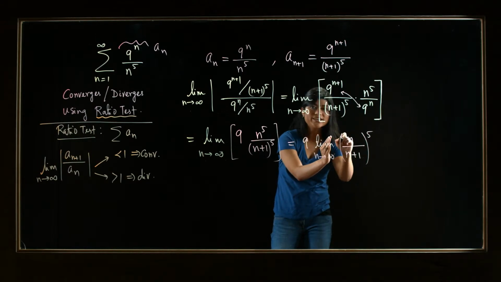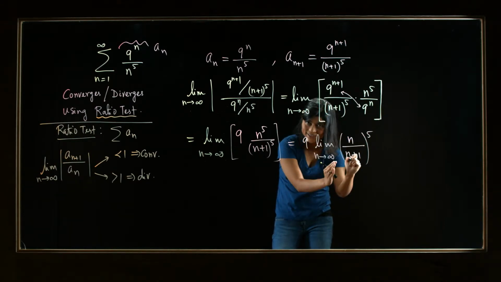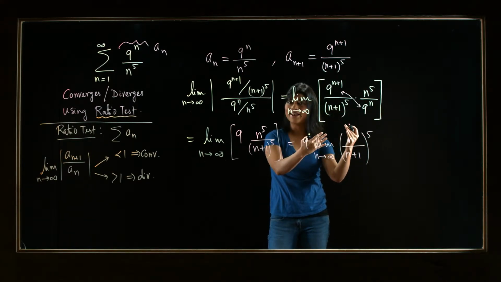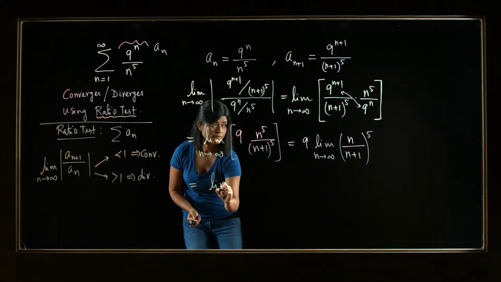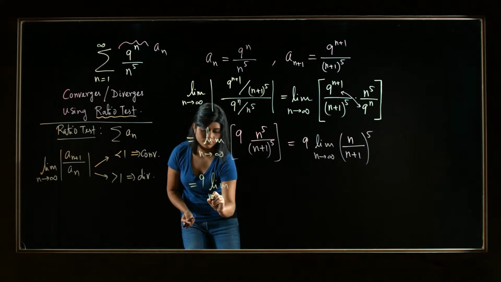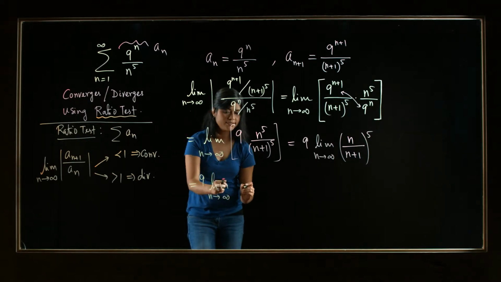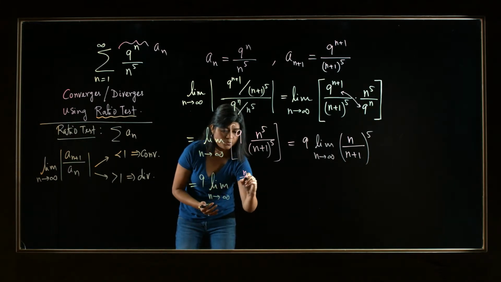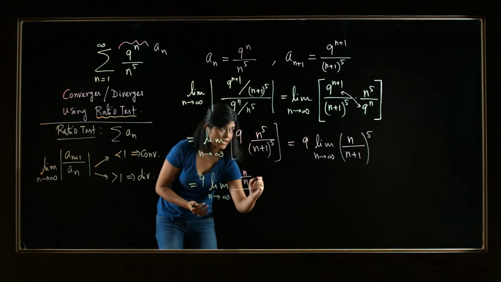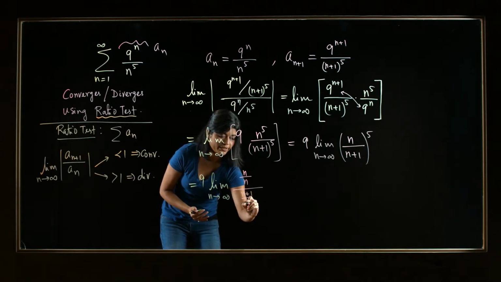And now, as we have done it before, in this particular expression n over n plus 1, you can divide both numerator and denominator by the highest power of n. Remember that? So, we have 9 as it is, and inside we will divide both numerator by n and the denominator by n.